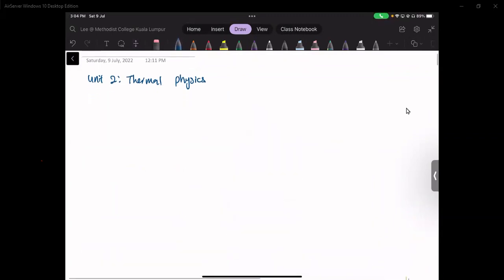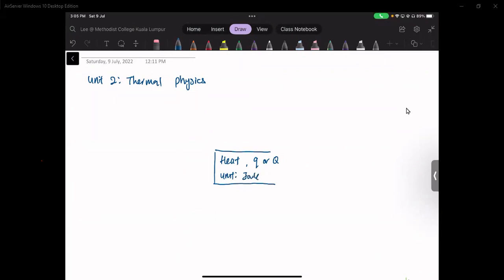Okay. The main idea of thermophysics is that we have this thing called heat. You heard of this term before? Okay, so the symbol we usually use is Q or big Q. Okay, and for this heat, it is a type of energy.